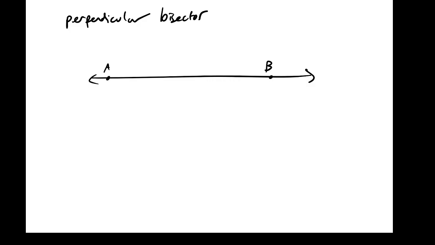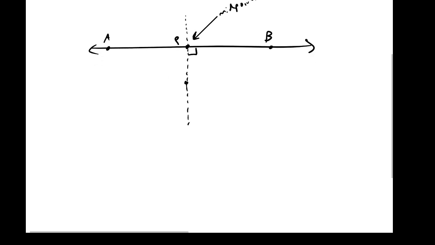So any point here, let's say we have this point right here. If this is the perpendicular bisector, this means that this point right here is the midpoint, and we're going to call this point P. Any point that is on this perpendicular bisector will wind up being equidistant.